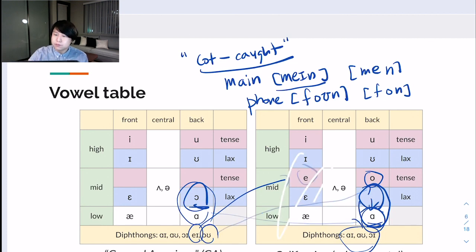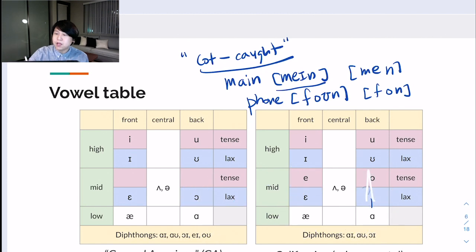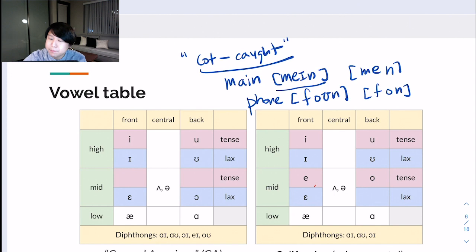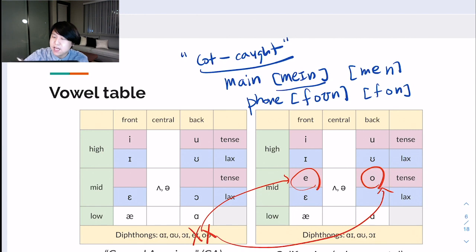So if you delete everything here, you can see the important difference is here. Two diphthongs became monophthongs, and one monophthong is completely merged into the other. That's two different vowel tables.